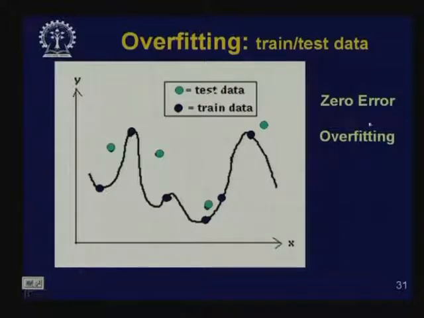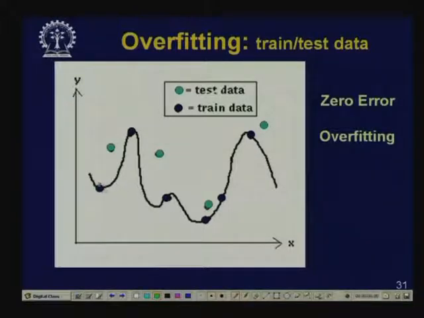So, this is an example to illustrate overfitting. These black things here are the training examples, and you see that the curve that you have got fits all the training examples. The green balls are the test data, and you see this curve does not fit the test data very well.